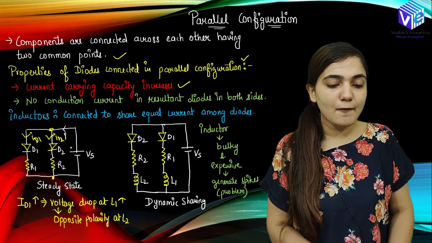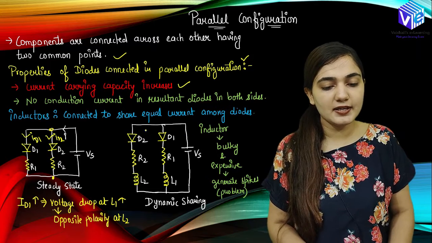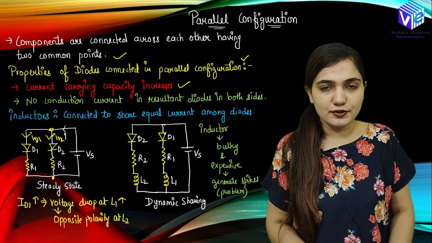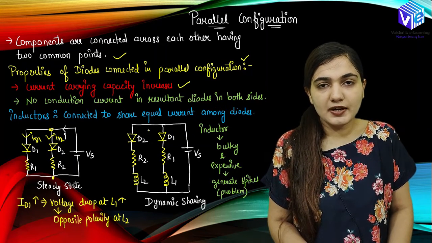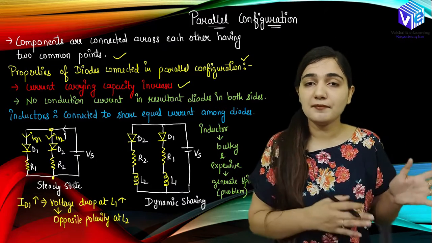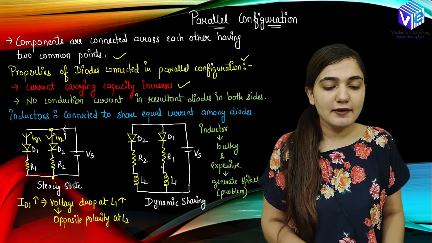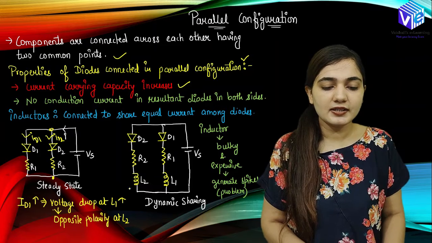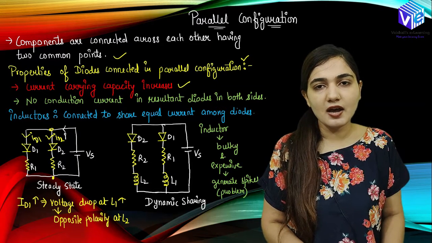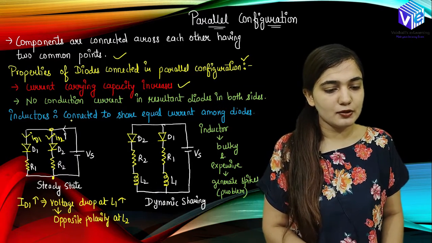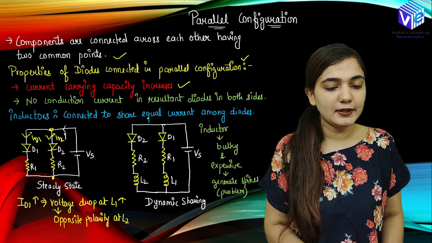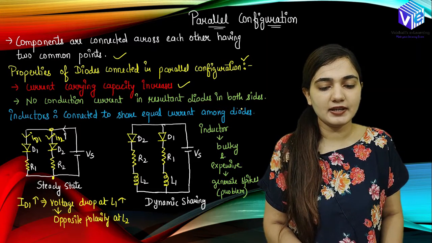Now if I want the same current in both of the diodes, in all of the branches, if I have n branches in parallel, what I will do is take inductors and connect them in the parallel configuration. So inductors are connected to share equal current among the diodes.